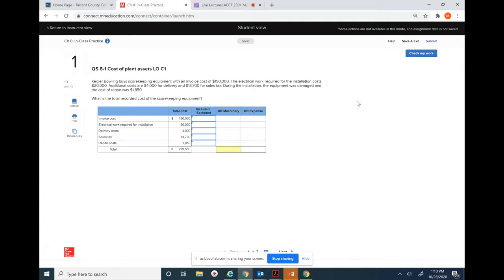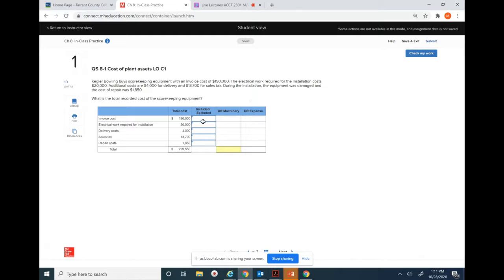When we're calculating the cost of a plant asset, remember what plant assets are. They're machinery, buildings, equipment, all the things that are tangible. So in this case, Kegler Bowling buys Skorky equipment. The invoice cost is $190,000.